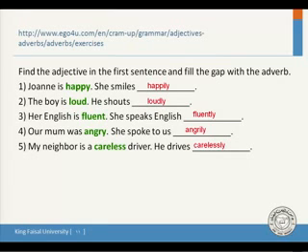Adverbs of manner answer the question how. How does she smile? Happily. How does he shout? Loudly, etc.